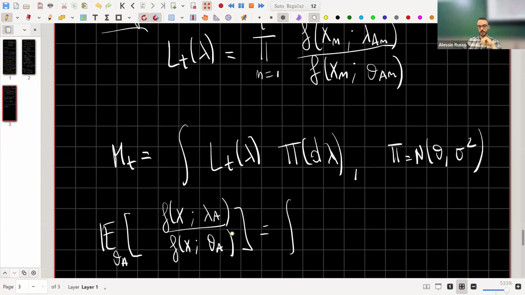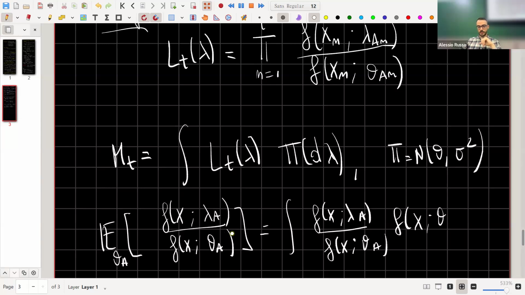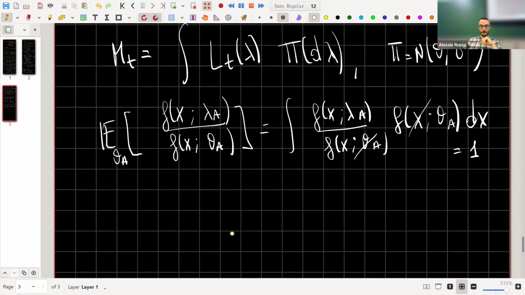This is simply an integral of this ratio, but it's an integral because here we have an expectation, and here the density of theta a will appear. So this density cancels out with this one, and then you are left with an integral of a density which is equal to 1.